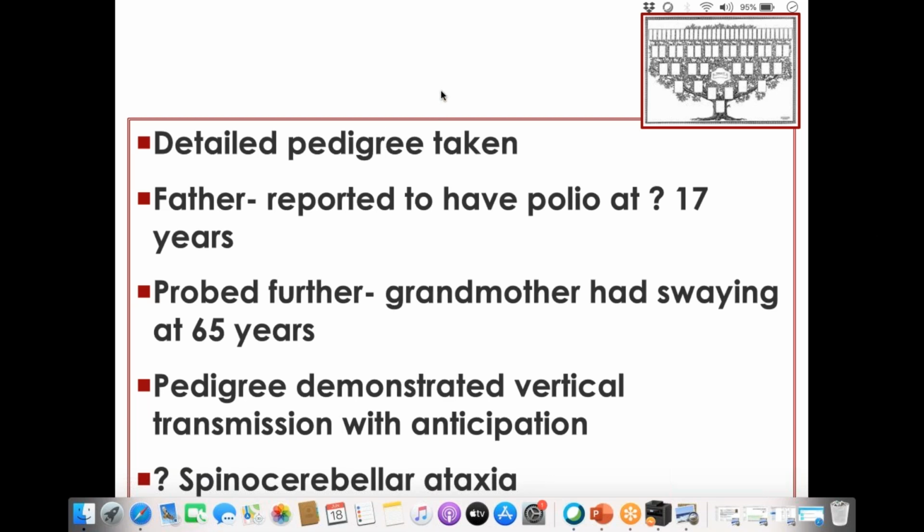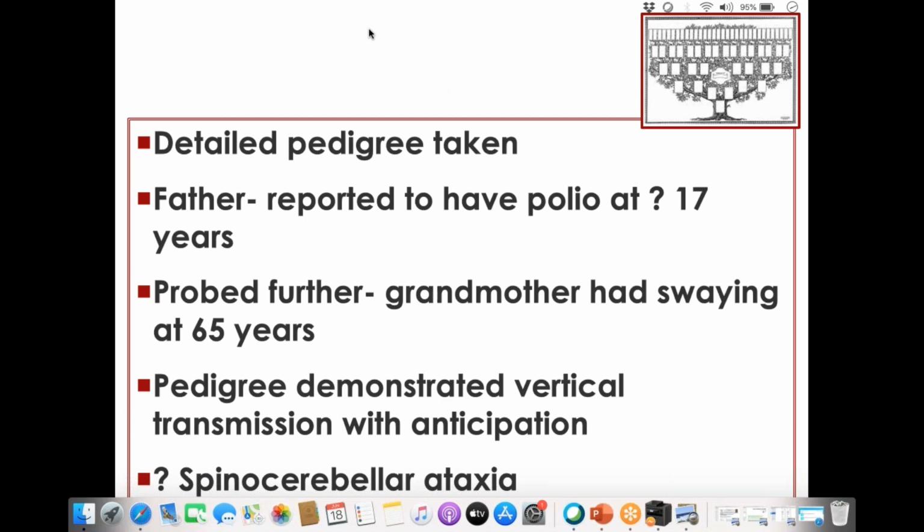So, yes, both Ria and Nilayan, this is a trinucleotide repeat disorder, with each generation having successively earlier ages of presentation and more severe presentation. The grandmother just had a little bit of swaying. The father doesn't move very well, and this child has in utero presentation, probably spasticity. It's the cognitive function which was maintained, but the motor function which was not working.